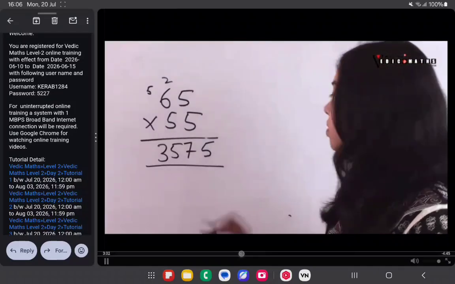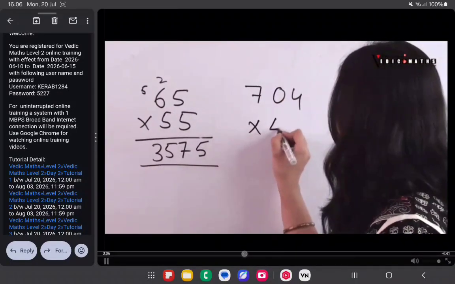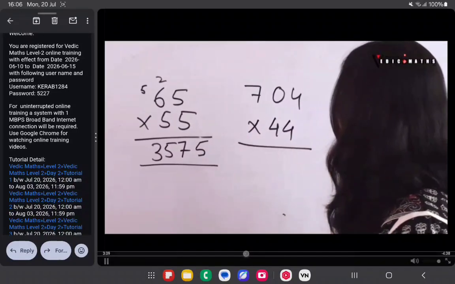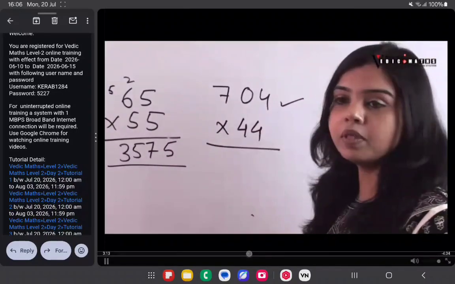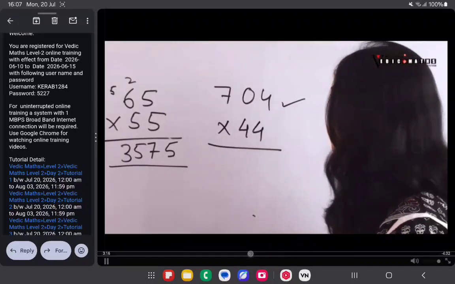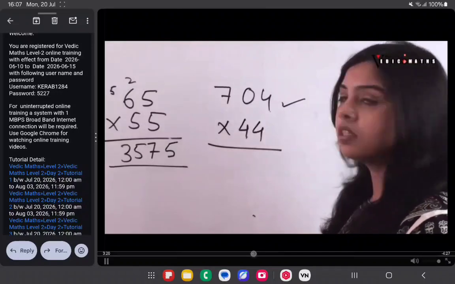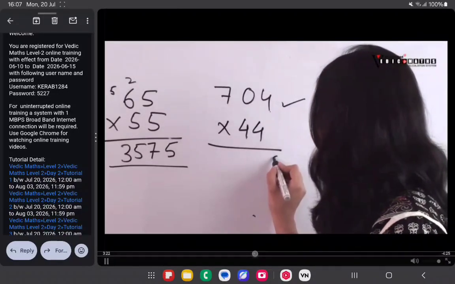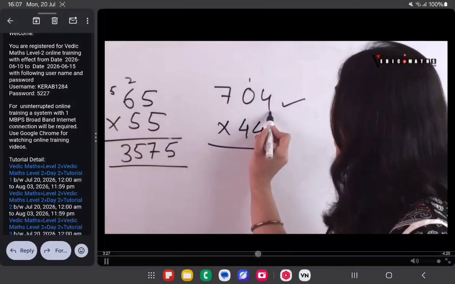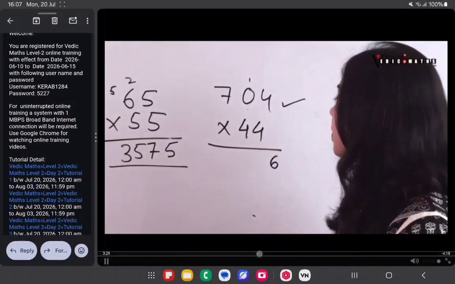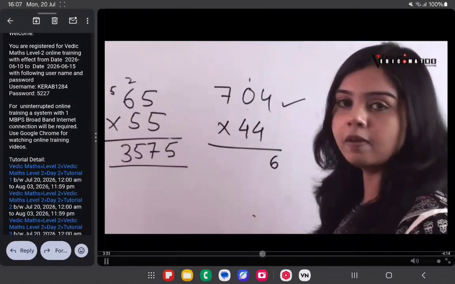Let's take one more example. 704 into 44. The upper number is a 3-digit number, but the process will be the same. Last digit into 4. 4 into 4, 16. That means we can write here 6, carry forward 1. Then add these two digits. 0 plus 4 is again 4. 4 into 4, 16.